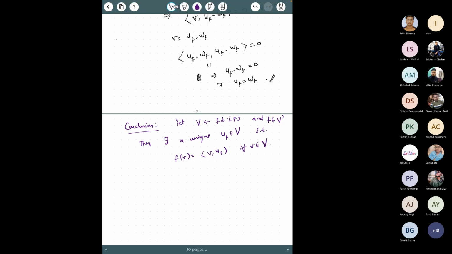Okay. Now with this preparation, I can define the adjoint of a linear operator on an inner product space. All right. So let us define that.